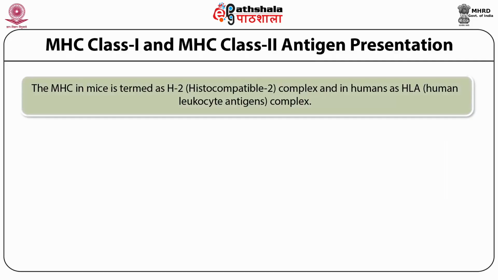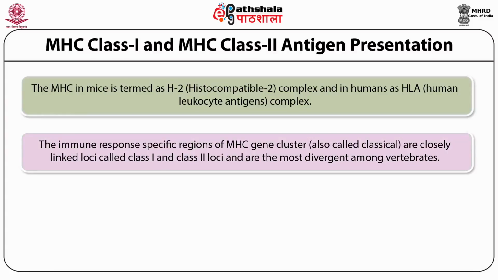The MHC in mice is termed H2 or histocompatibility 2 complex, and in humans it is known as HLA or human leukocyte antigen complex. The immune response-specific regions of the MHC gene cluster, which are known as classical, are closely linked genes called class 1 and class 2 loci and are the most divergent among vertebrates.